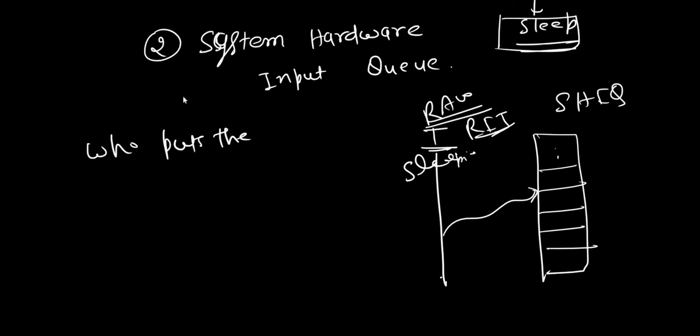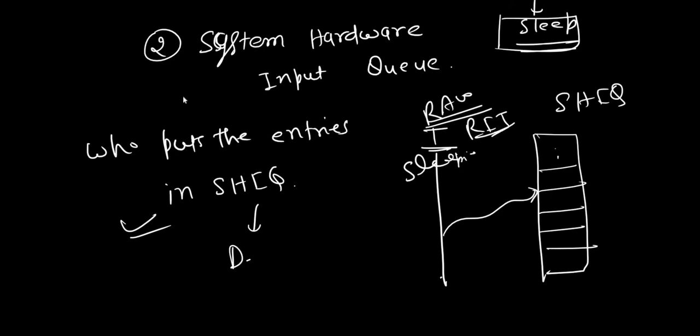But who puts the entries in SHIQ? What is that particular process which puts the entry into this system hardware input queue? The name of that process is the device driver.